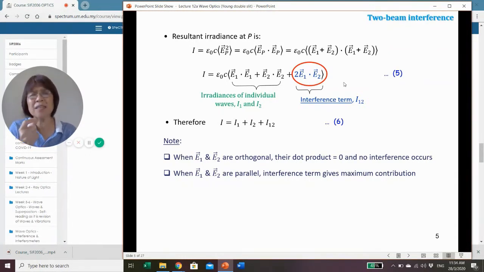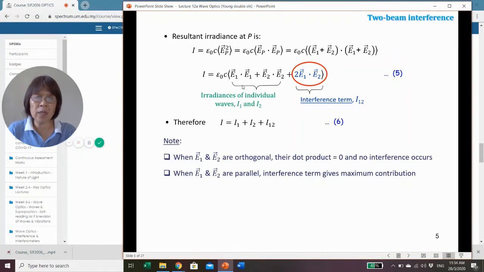We wrote this in a similar way in the lecture on coherence. This last term is the interference term, whereas the first two give you the irradiances of the individual waves. So we can write it as I1 plus I2 plus I12, where I12 represents the interference term.